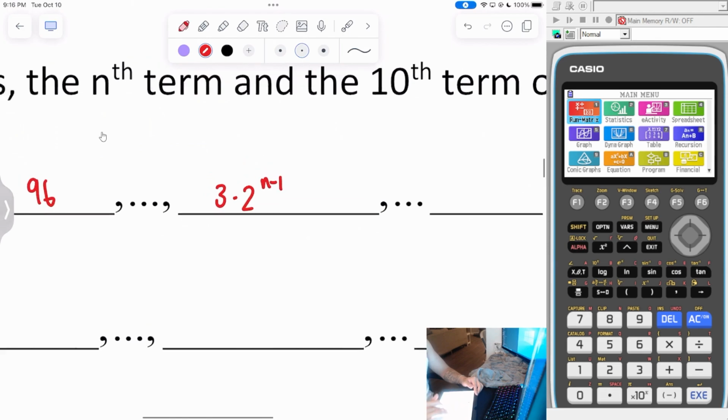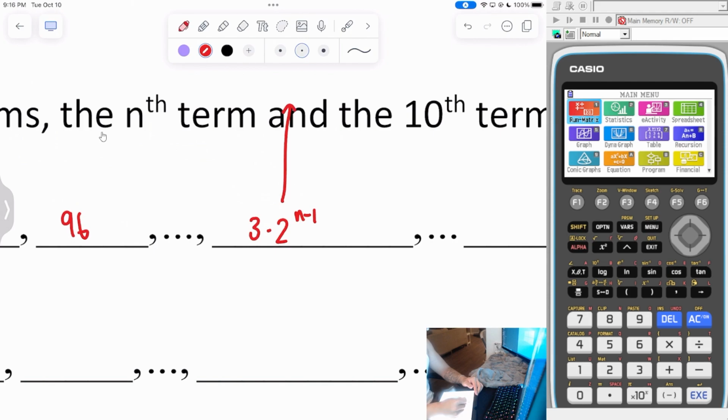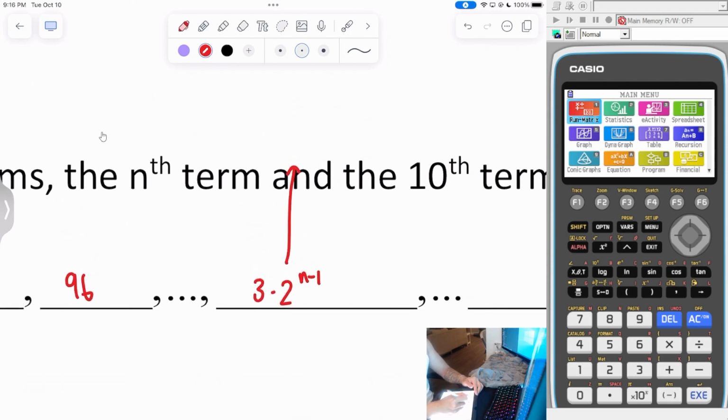One thing to make note of is that this looks very close or pretty much exactly like the format of an exponential function. f of x equals a times b to the power of x, right? When the variable is in the exponent. A being 3, b, the base, being 2 here. So it's very familiar to an exponential function.